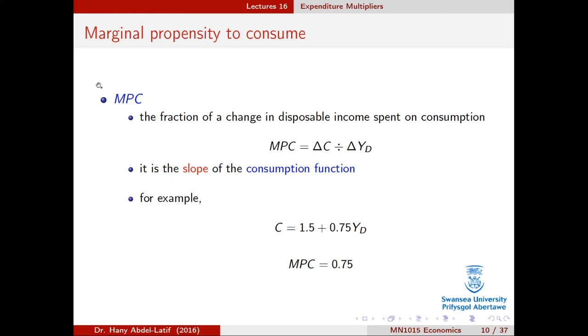What about 0.75? The 0.75 we see in front of the YD is the slope of this function. That is the change in consumption divided by the change in disposable income, and at the same time that is the marginal propensity to consume. So in this example, the marginal propensity to consume is 0.75. What does it mean? If your income increased by £100, how much are you going to spend on consumption? Exactly, £75. Why?